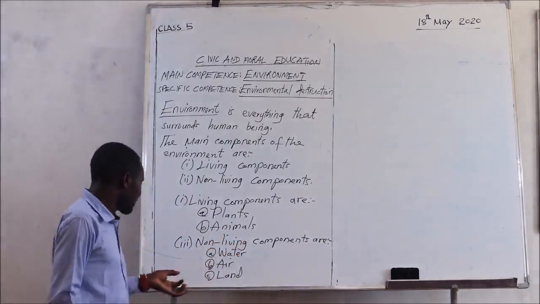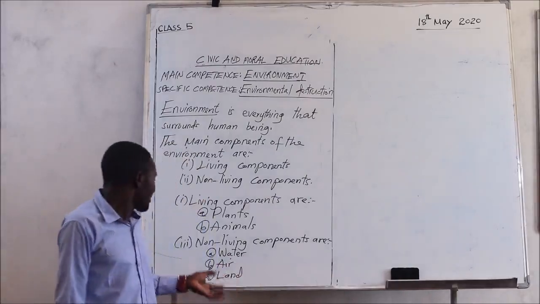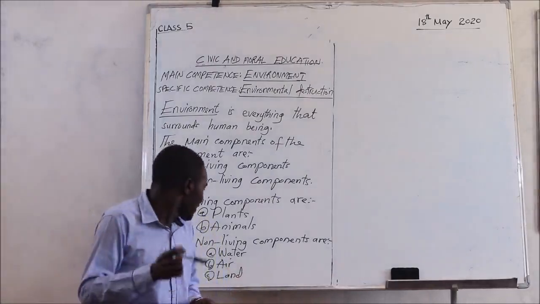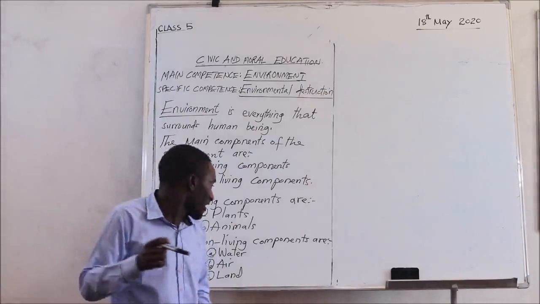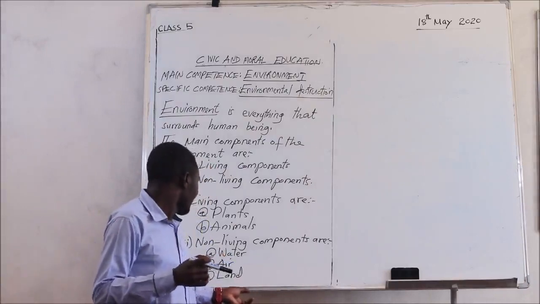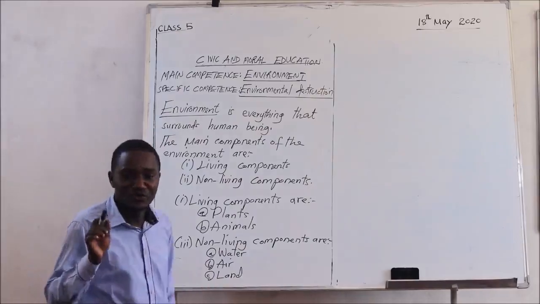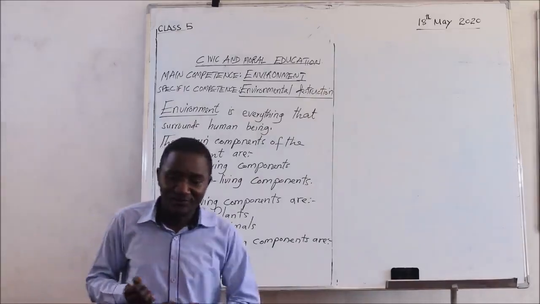We know that without water, living organism cannot survive. Without air, we use it to breathe in and out. Land we normally use as our settlement. So these 5 components of the environment are very important to human being and the other living organisms.